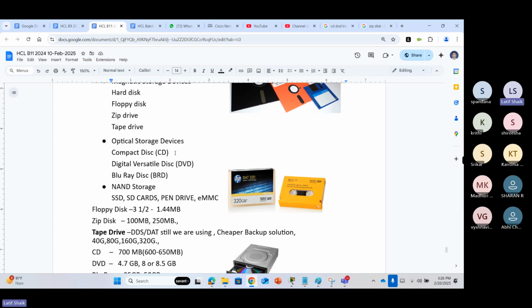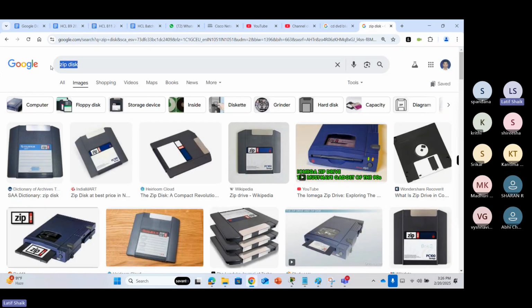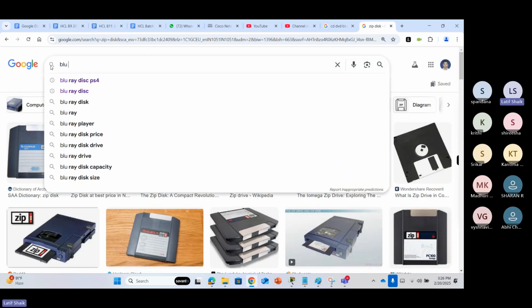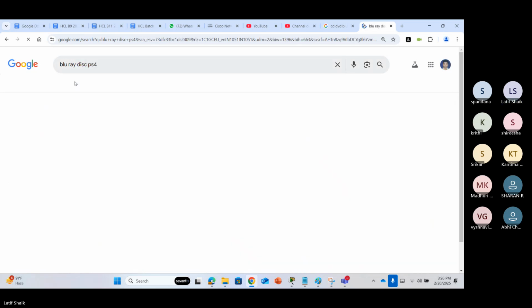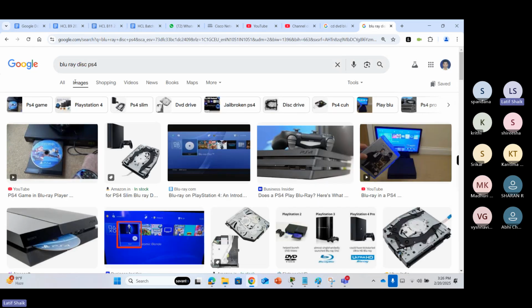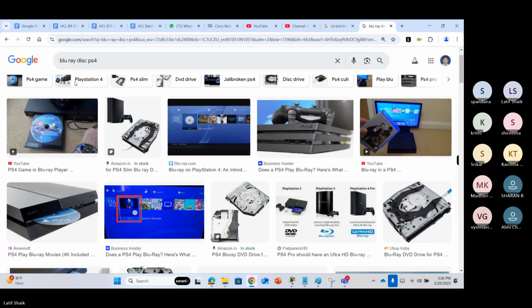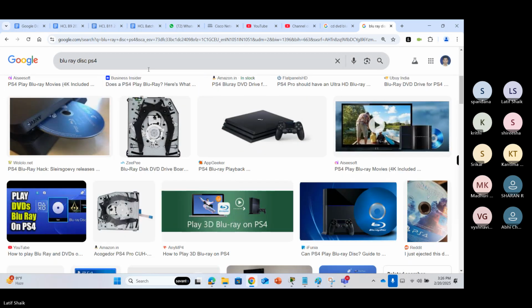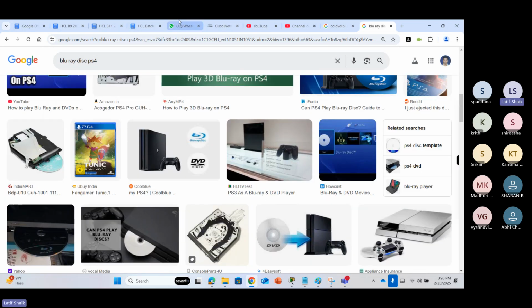Blu-ray discs we are not using right now for regular storage purposes, but Blu-rays are used for PS4, PS5, Xbox gaming. If you see those discs, that's actually Blu-ray. It has huge data storage.